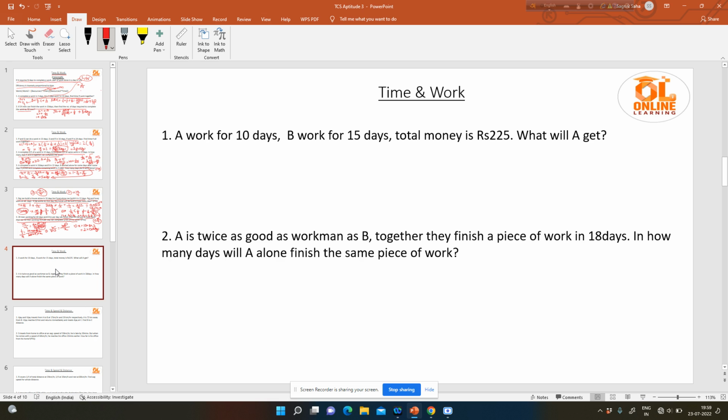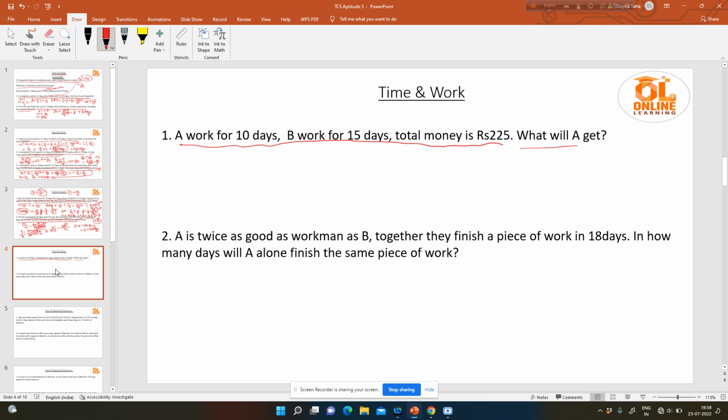Okay, now we have moved to another type of question in time and work, that is based on efficiency or how much money we will get, money related problems in time and work. Okay, A works for 10 days, B works for 15 days. The total money is 225. What will A get?